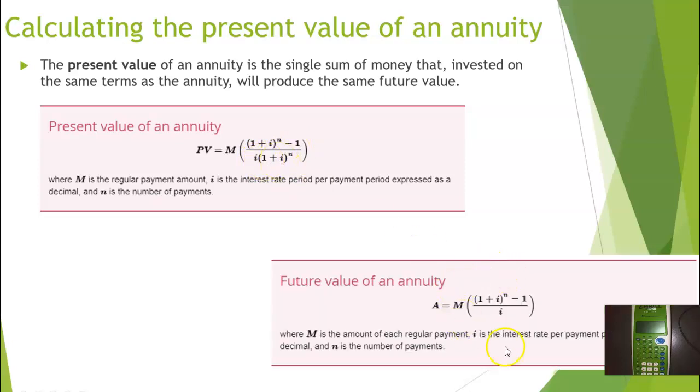So if we go back to that formula that we had before for the future value, you can see that the numerator is the same, but the denominator, where you just had the interest rate per payment period, now you've actually got (1 plus I) to the n as well. So the difference between these two equations is the divisor at the bottom.